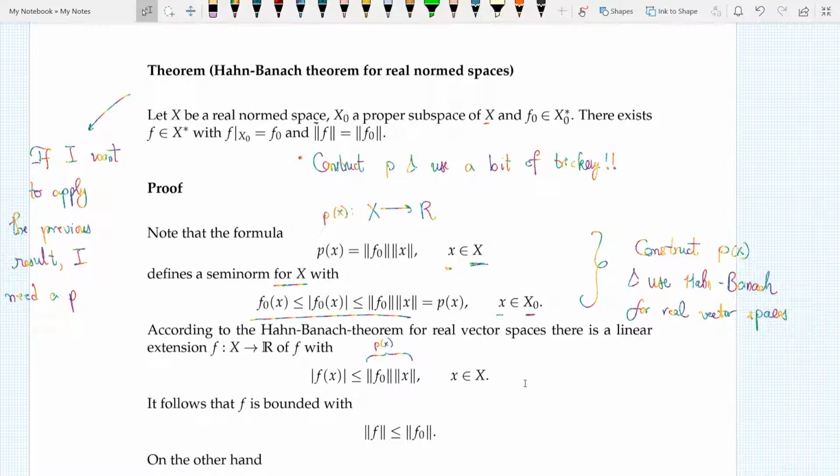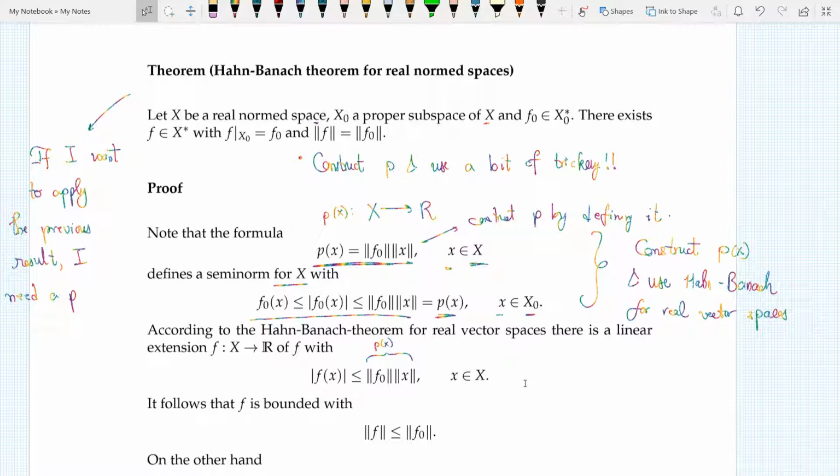I just take the modulus, then I use the Cauchy-Schwarz inequality, and this was by definition. So this is the way I constructed my P. Now I have a P.